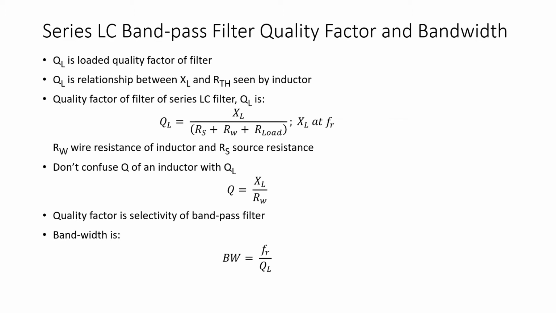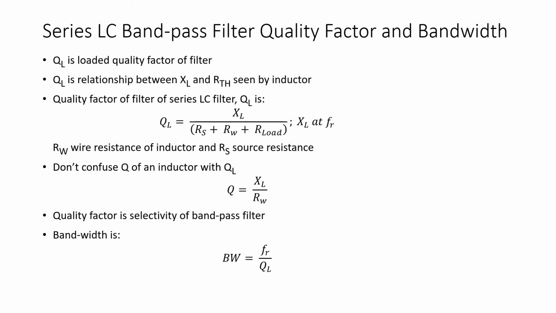In the case of the circuit of Figure 1, RS plus RW plus R load. And X sub L is calculated at the resonant frequency. Now in the circuit of Figure 1, RS is the source resistance and RW is the wire resistance or the winding resistance of the inductor. Now don't confuse this loaded Q factor, Q sub L, with the quality factor of the inductor itself. You recall that the quality factor of an inductor is X sub L divided by RW.